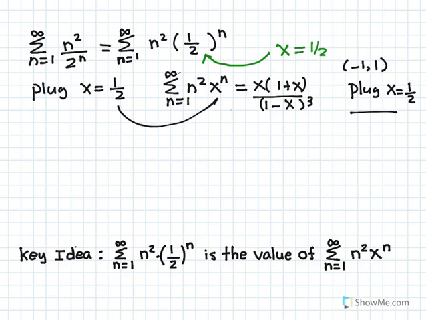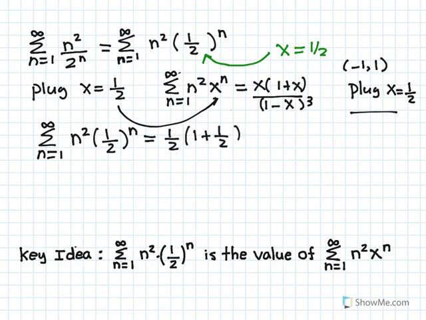Let's plug x equals 1/2. We get the summation n equals 1 to infinity of n squared times 1/2 to the power of n. This is equal to 1/2 times (1 plus 1/2) divided by (1 minus 1/2) to the power of 3. Let's do some algebra on this.